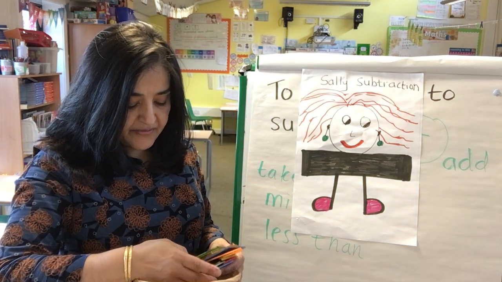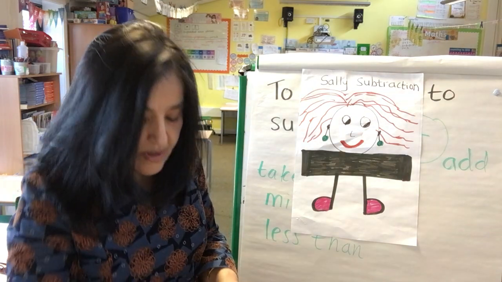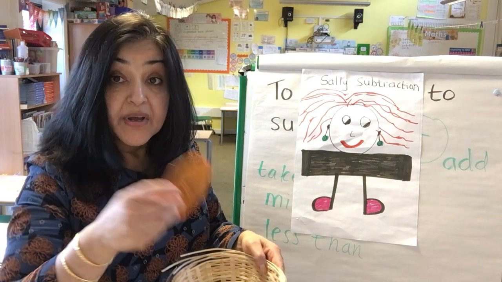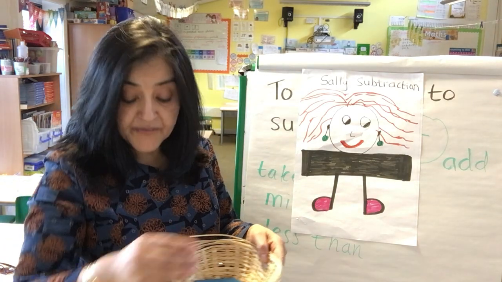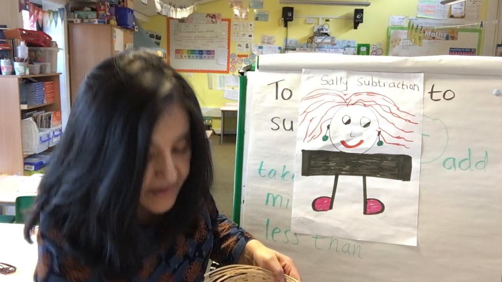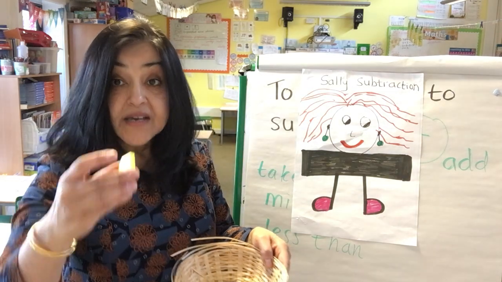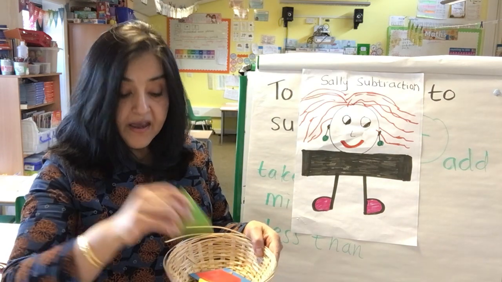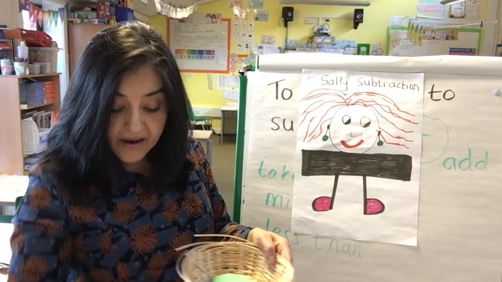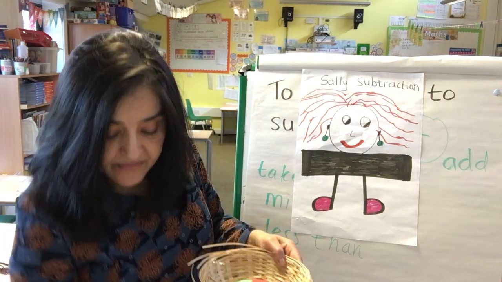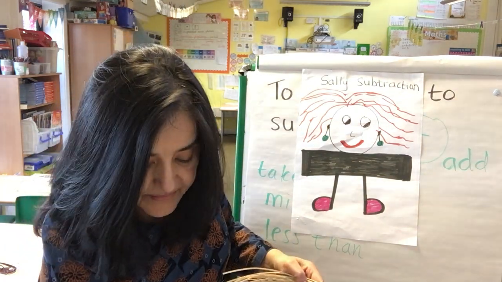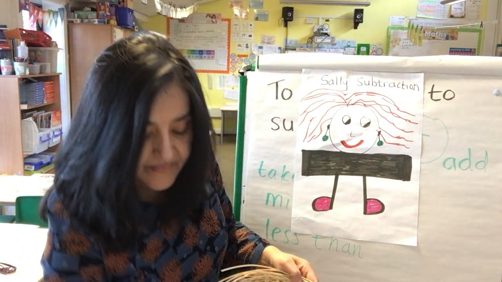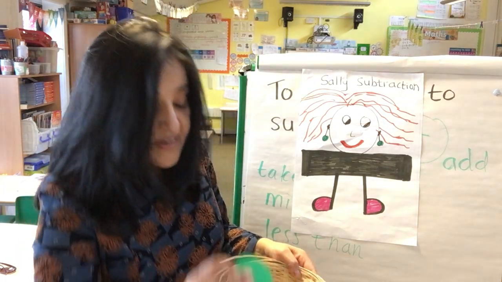So I've got 1, 2, 3, 4, 5, 6, 7, 8, 9, 10, 11, 12, 13, 14, 15.